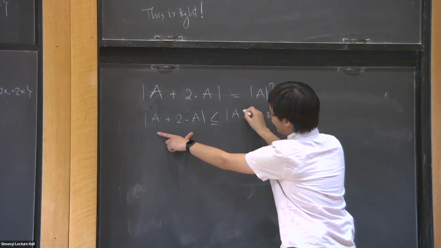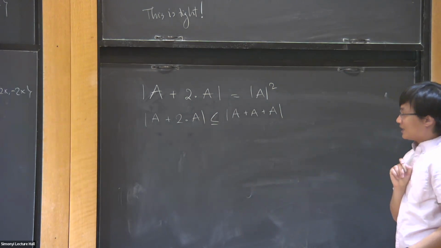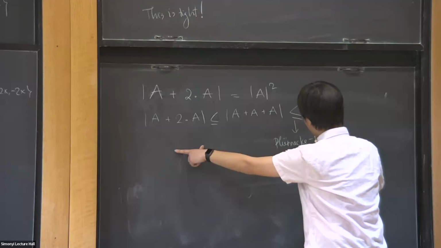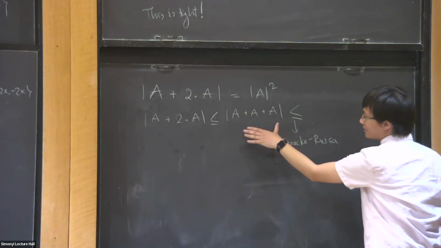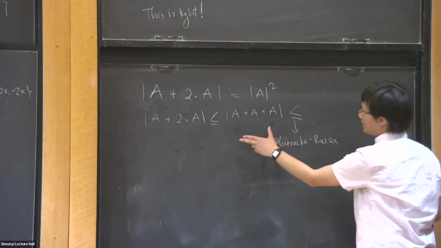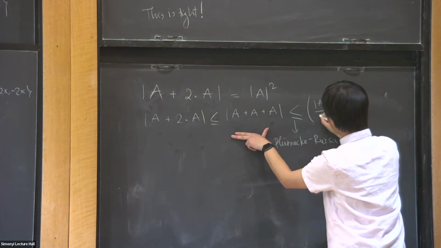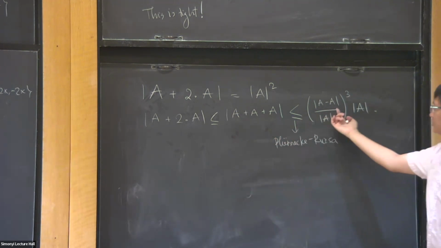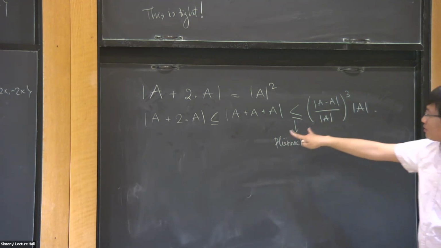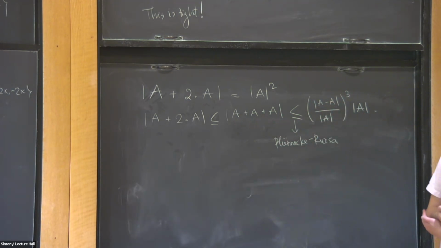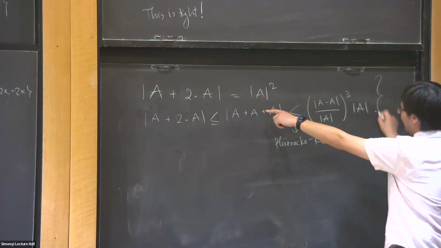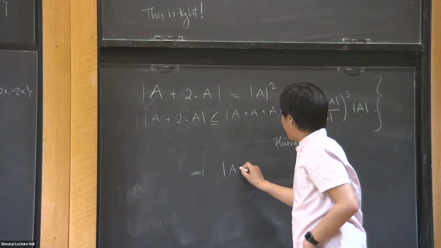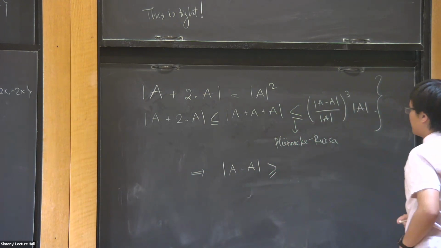This is clearly a subset of A plus A plus A. Now the Plünnecke-Ruzsa inequality, another classical result in combinatorics, allows us to bound the iterated sumsets in terms of the doubling of a set A. So A plus A plus A is at most the doubling, the ratio |A - A| over |A|, to the power 3, since that's how many terms there are, and then we multiply by the size of the set A. If we combine these two equations, we immediately obtain that the size of A minus A is at least |A|^{4/3}.